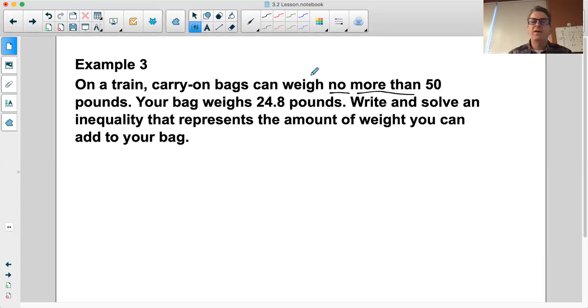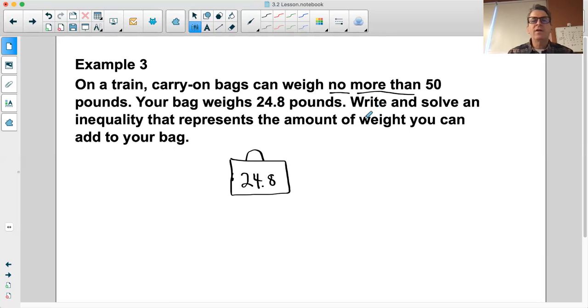Your bag weighs 24.8, so you've got one bag already. It already weighs 24.8.